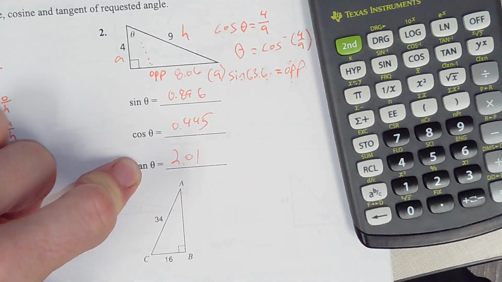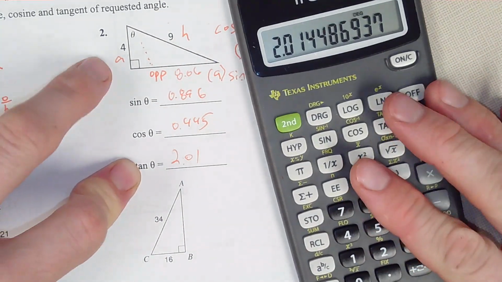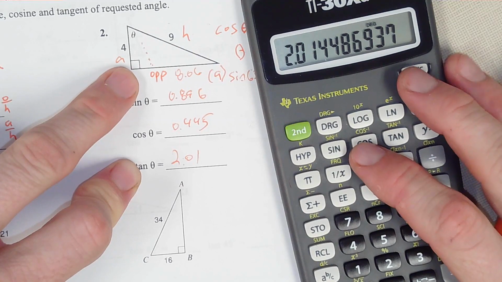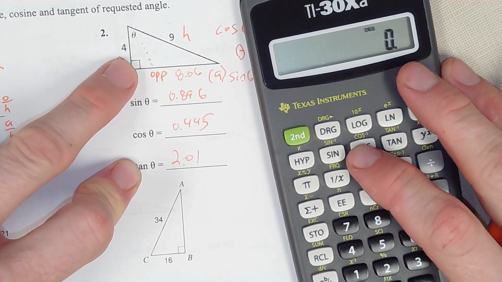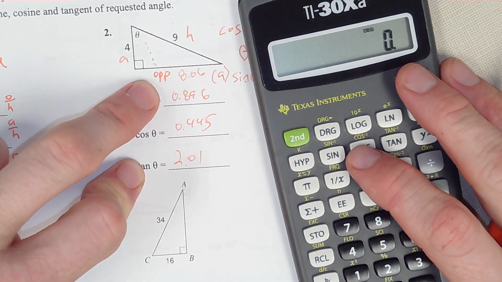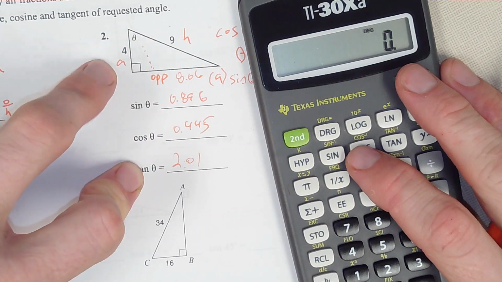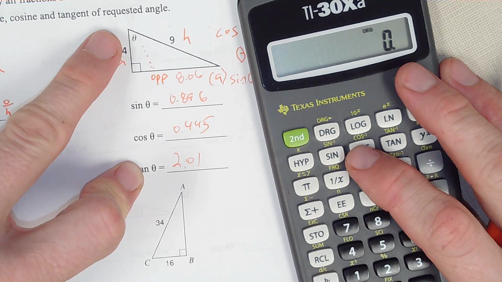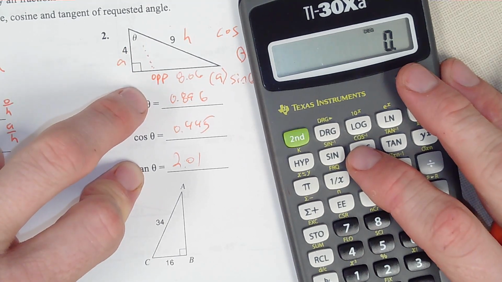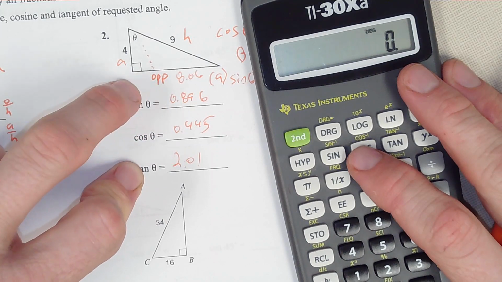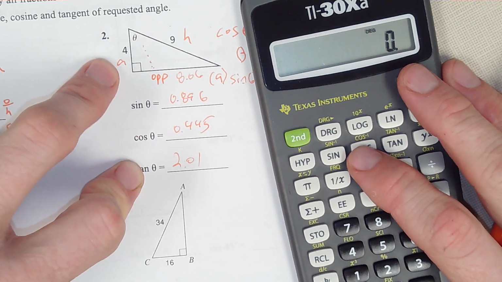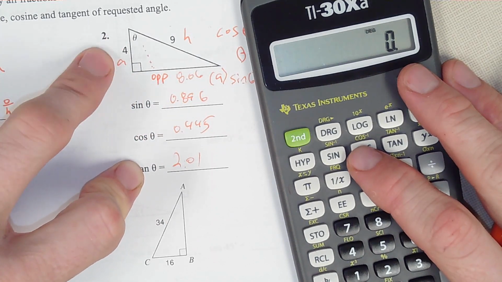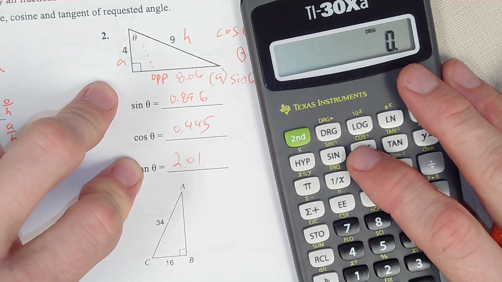All right, so something to note, okay? Tangent will be greater than 1 if your opposite line segment is longer than your adjacent line segment.